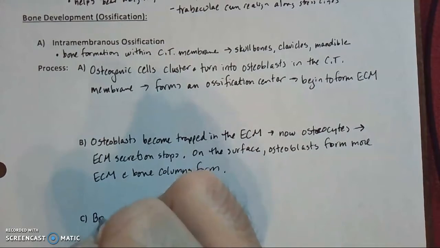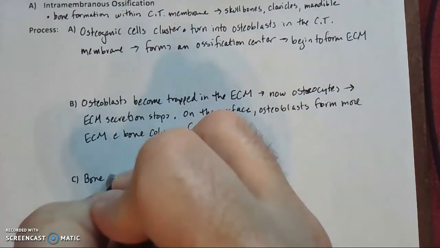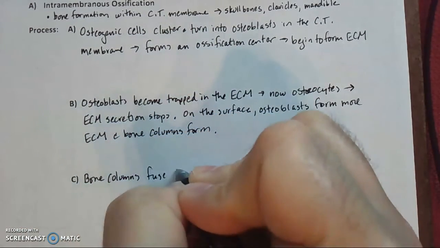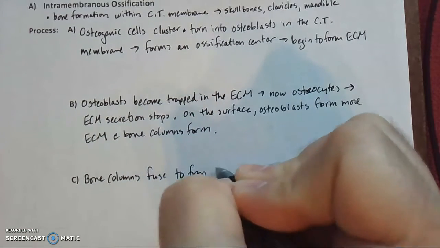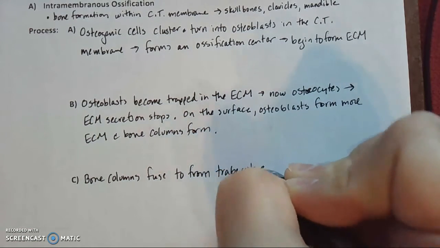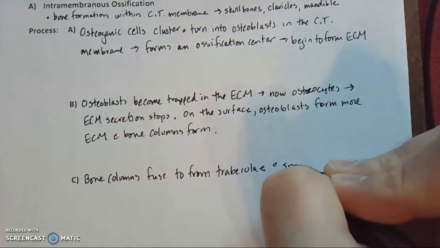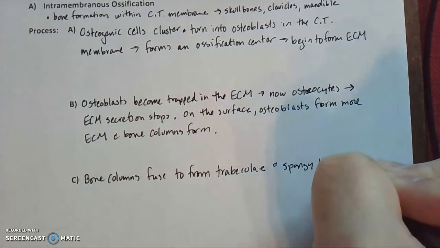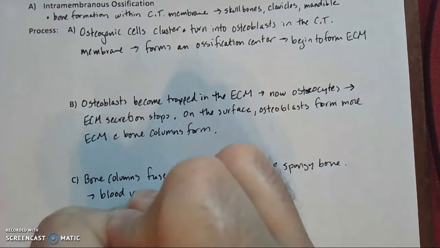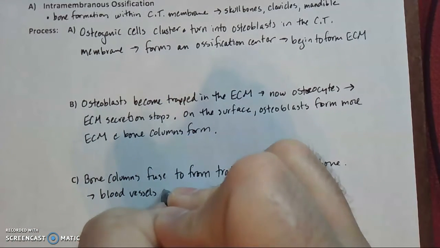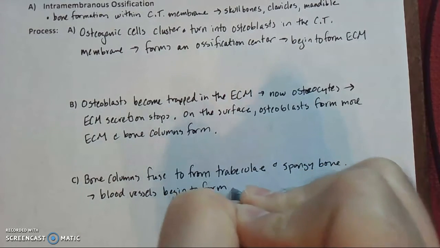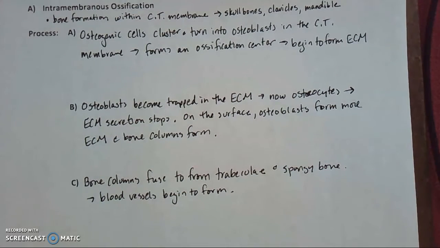The bone columns begin to fuse to form trabecula and spongy bone eventually. We also have blood vessels beginning to form, because we have to get all this calcium and other minerals for the osteoblasts.